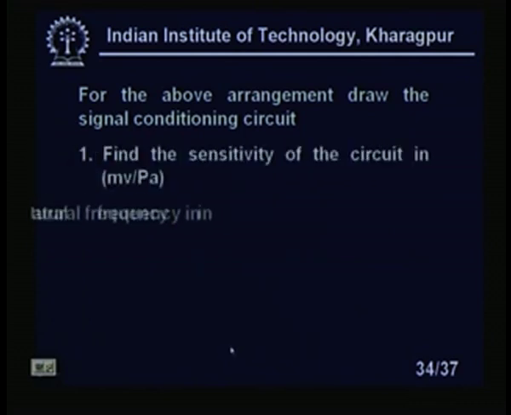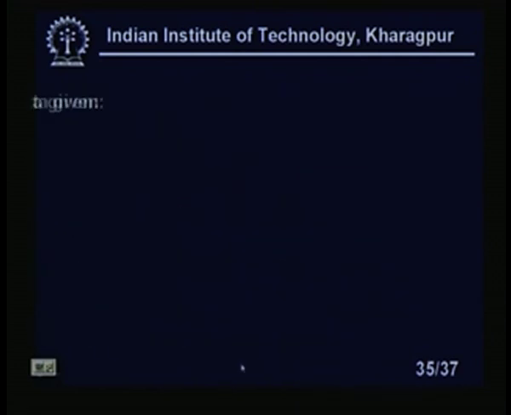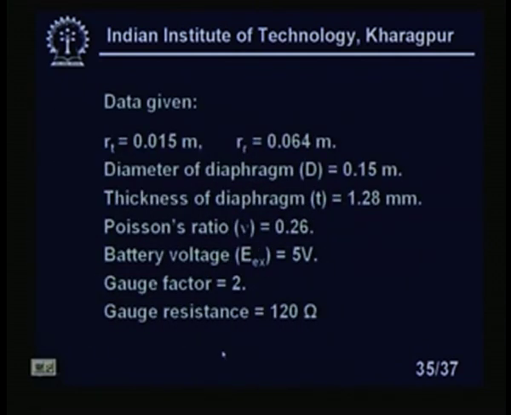Right, let us go back again, already discussed. So, this is our data given. RT is 0.015 meter, RR equal to 0.064 meter, diameter of the diaphragm is 0.15 meter, and thickness of the diaphragm T is 1.28 millimeter.